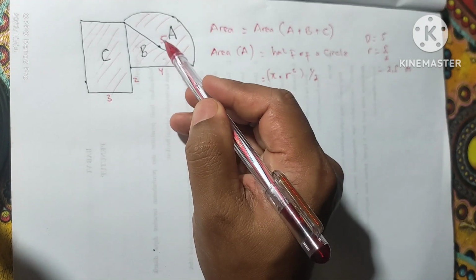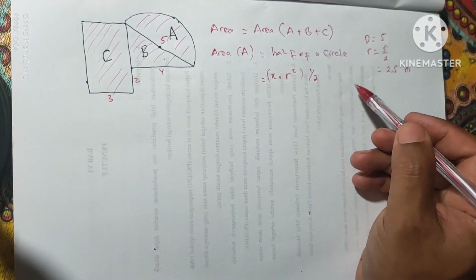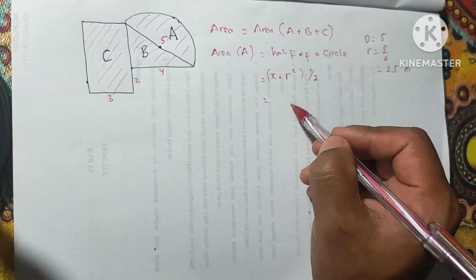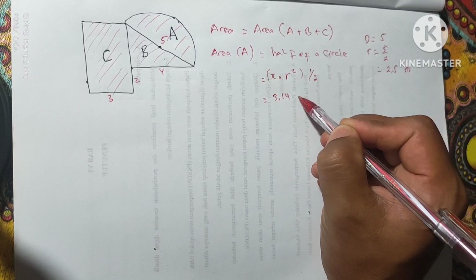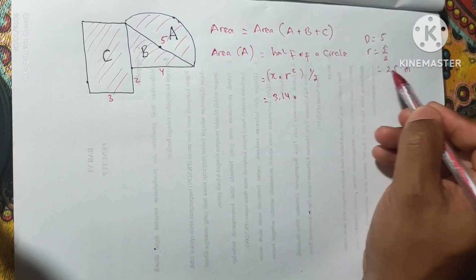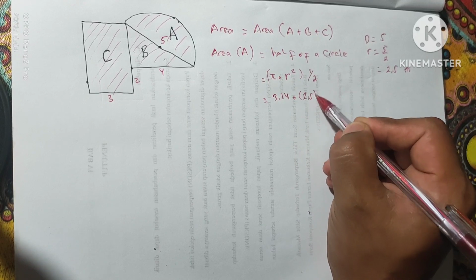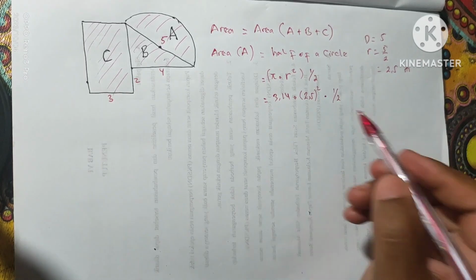Because part A is half of a circle. So the area of A will be 3.14 times 2.5 squared times half.